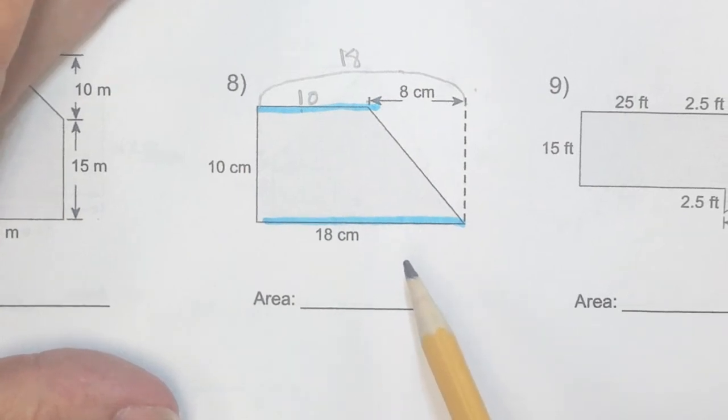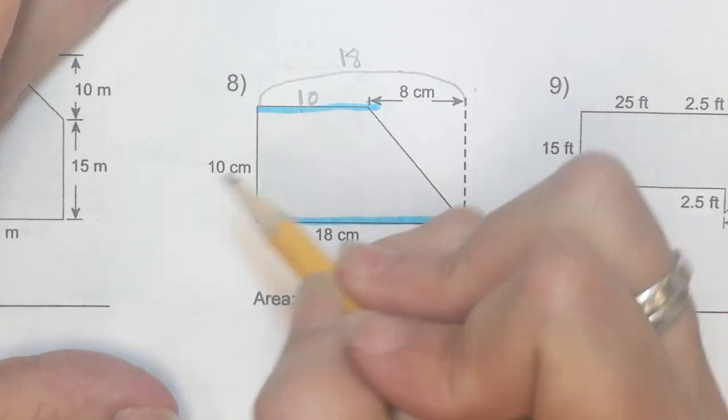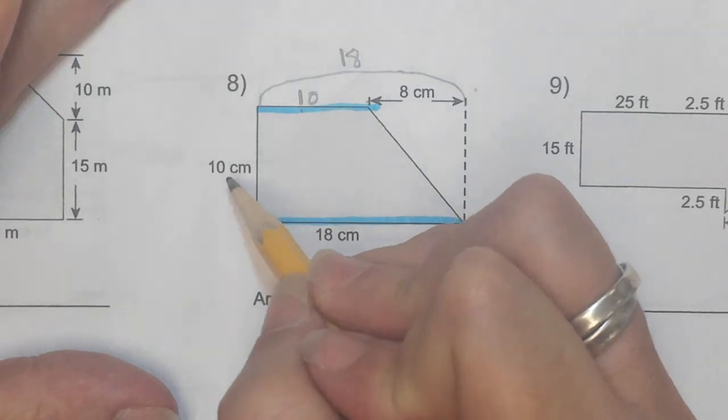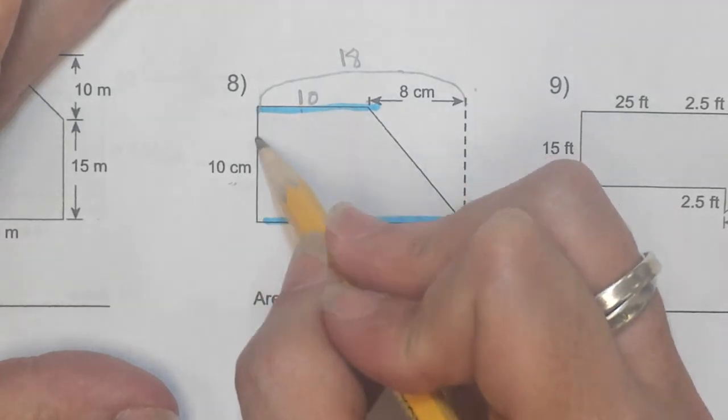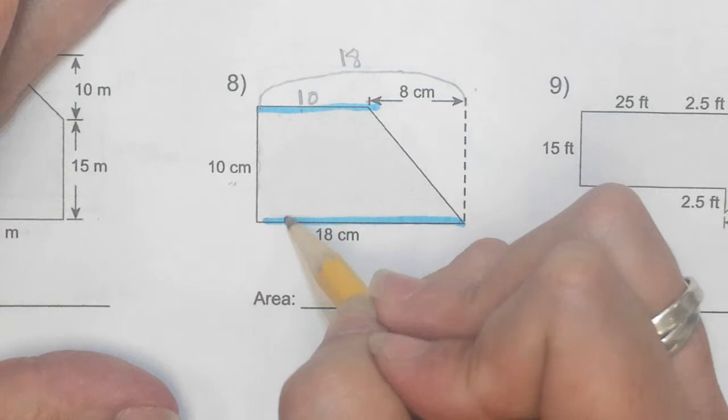Do y'all see that? Okay. You tell me. How tall is it between the 2 blue lines? 10. Do you see that though? Because the distance between the two parallel lines is the height.